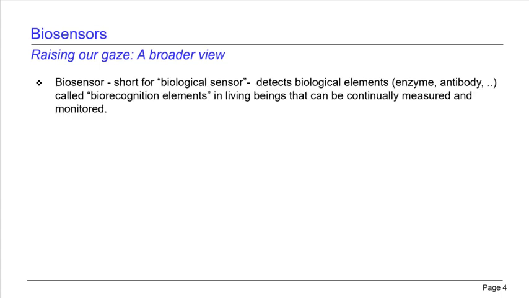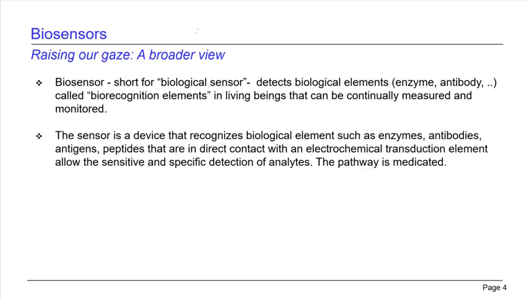Biosensor, short for biological sensor, detects biological elements, enzymes, antibodies, called biorecognition elements in living beings that can be continually measured and monitored. The sensor is a device that recognizes biological elements such as enzymes, antibodies, antigens, peptides, things that are in direct contact with an electrochemical transduction element, allowing the sensitive and specific detection of analytes.